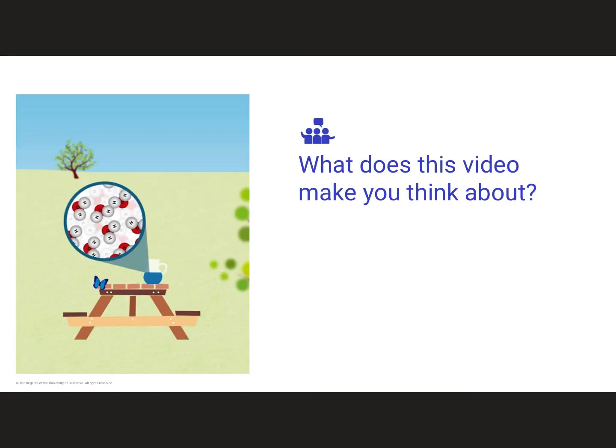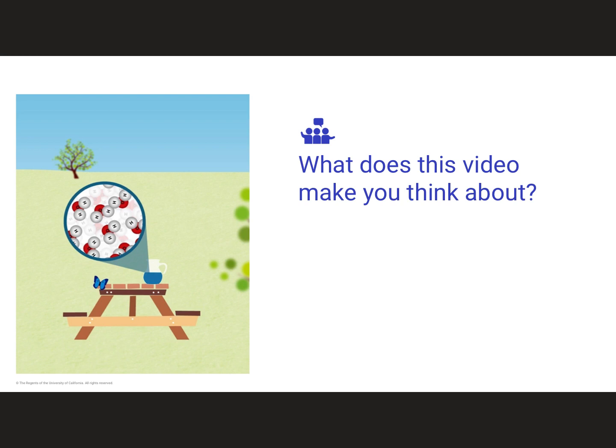All right, so what does this video make you think about? One thing it made me think about was, one, atoms are very small. Another thing it made me think about is that it depends on how you look at an object that would determine what you actually are seeing in that object.